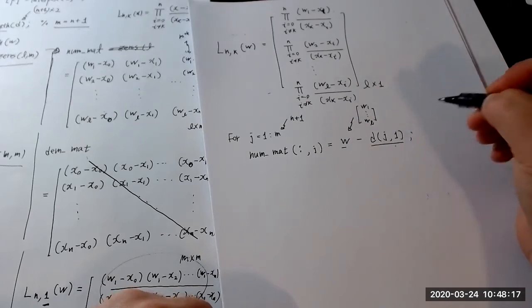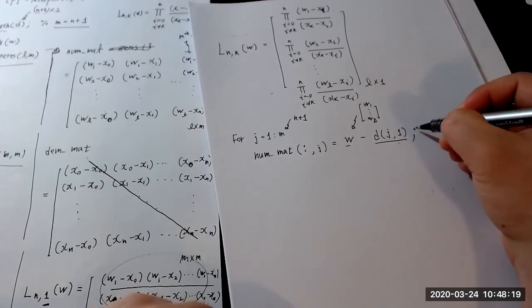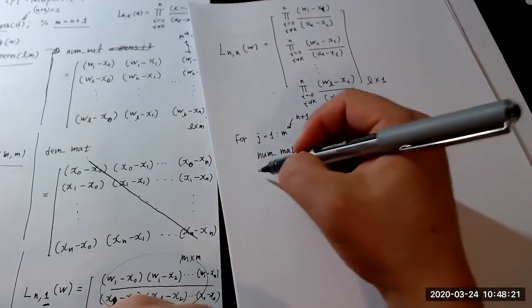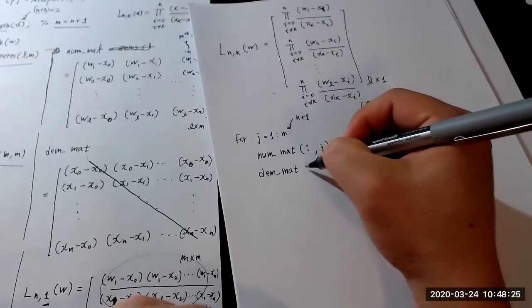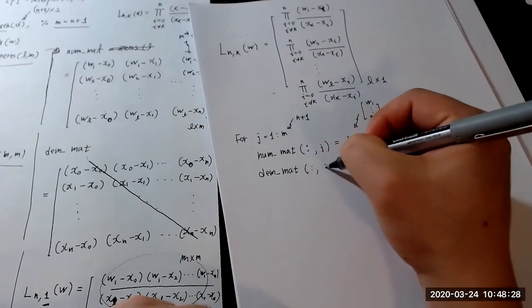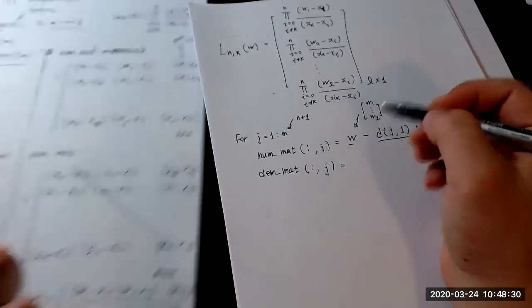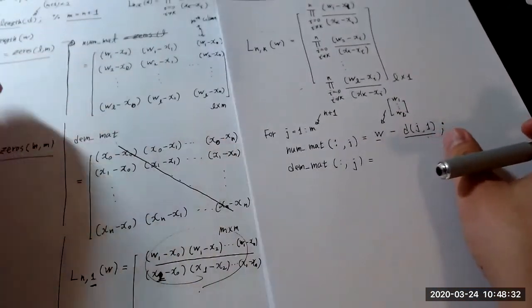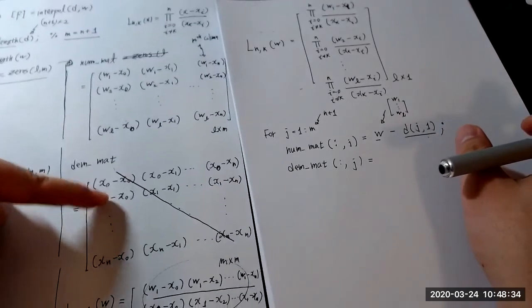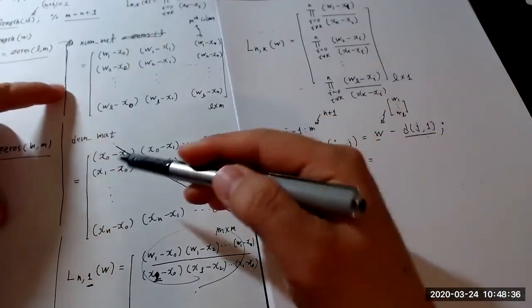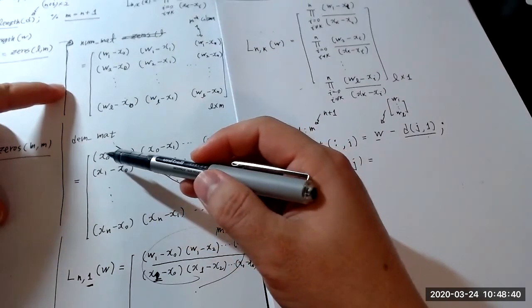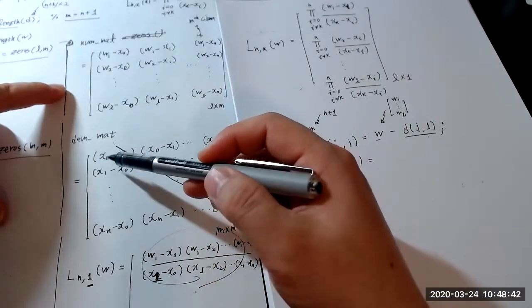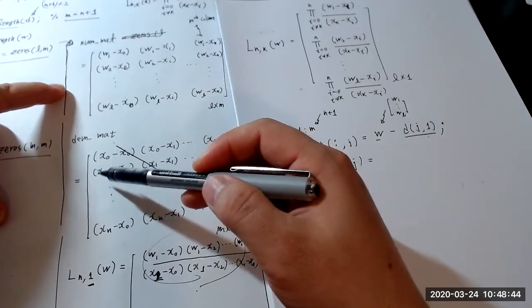Once we got it, put a semicolon. And then what about the denominator matrix? All of the rows in the jth column: x0 minus x0, x1. See, in the first column, the first term in all the binomials is going to be x0 through xn.